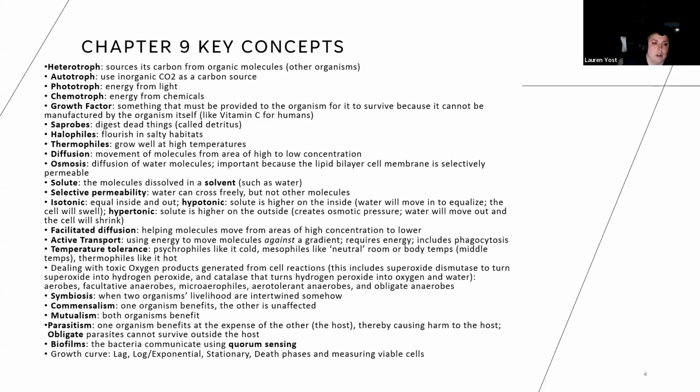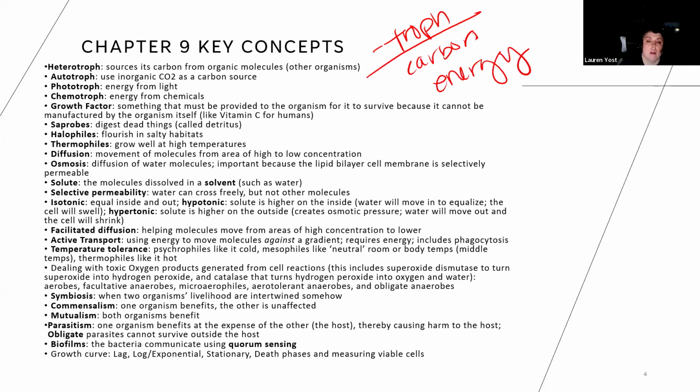we talked about the different trophs. Basically our different trophs deal with how organisms get their carbon or their energy. If you get your carbon from inorganic sources, like CO2, like plants do, these are autotrophs.